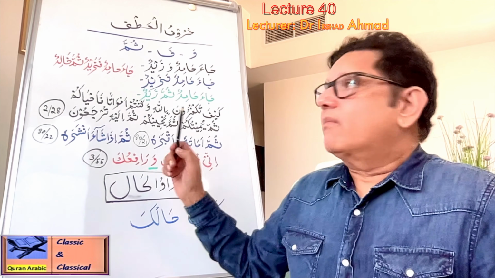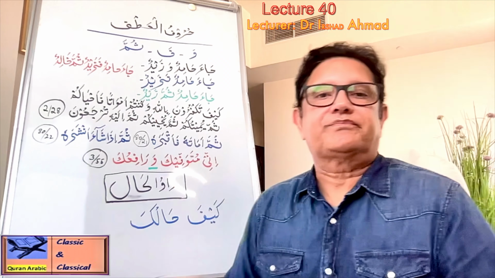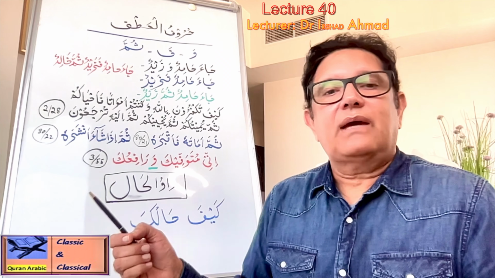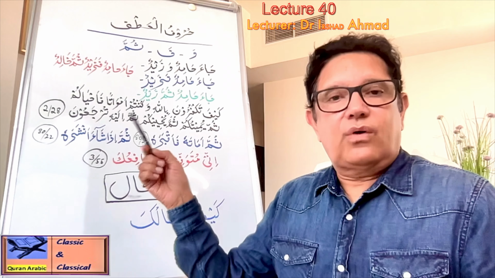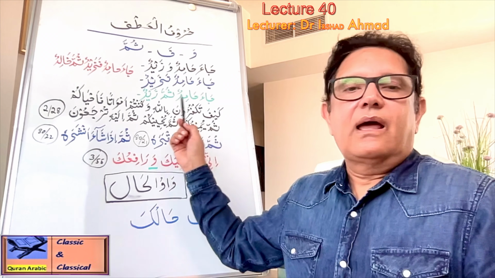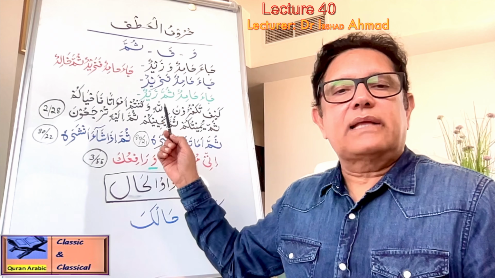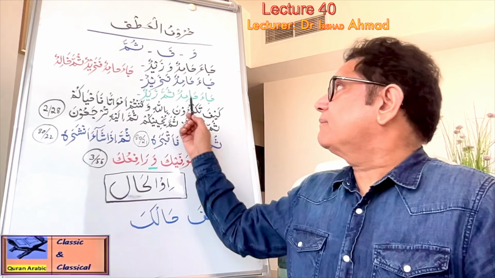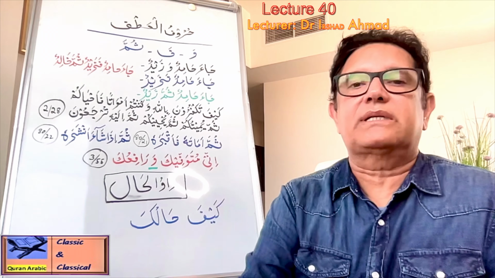Let's look at summa. Ja'a Hamidun summa Zaidun. Hamid came and then Zaid came. So summa also gives order in the events the way they are happening. But summa also tells us that there was an extensive period of time, not a brief period of time, between the arrival of these two persons.